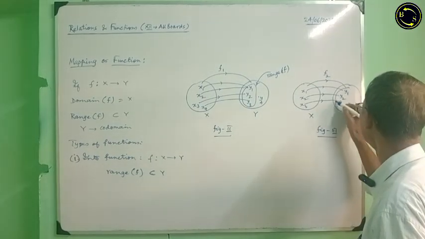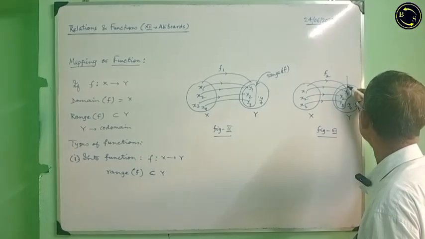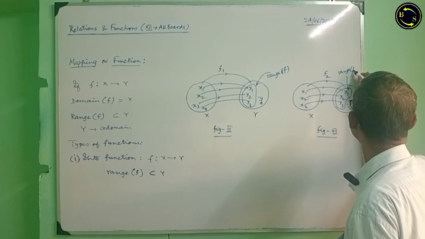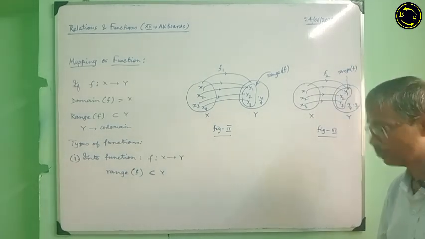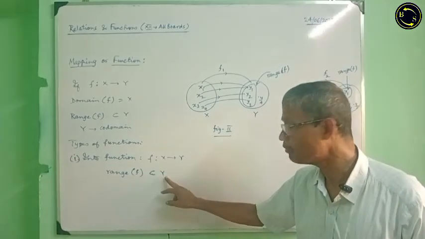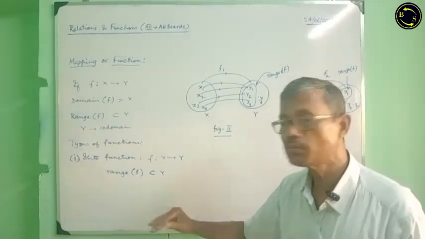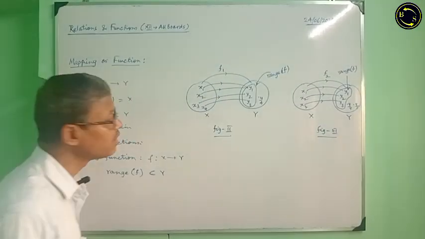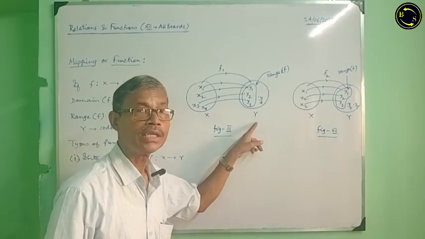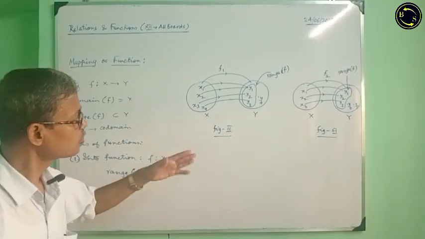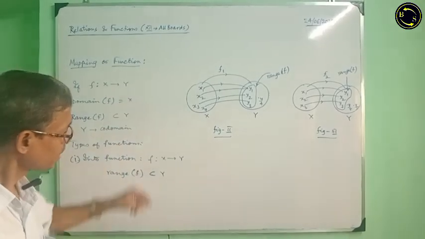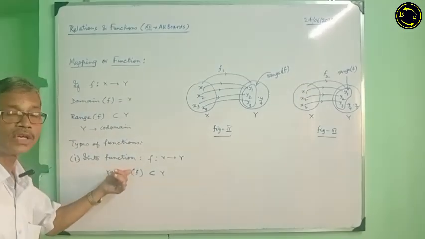There is also the range of the function f is a proper subset of Y. This can also be described as there is at least one y, small y of course, in Y which is not associated with some x of X. In that case, we say the function is an into function.